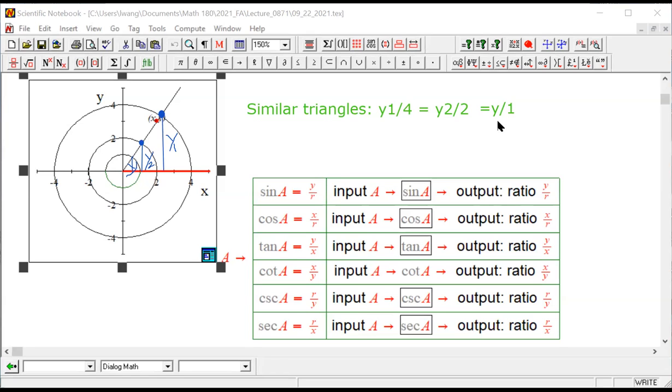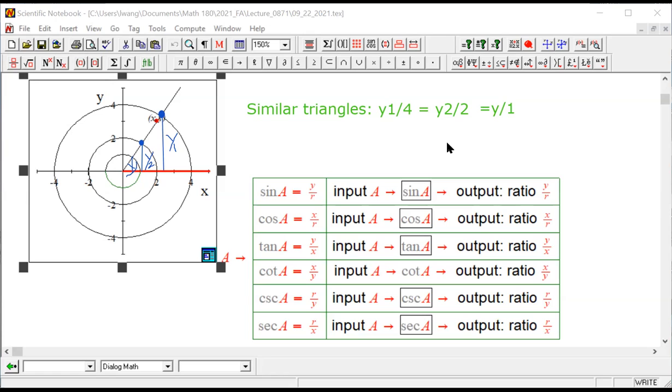Do you guys follow that? So the same is true for cosine, tangent, cotangent, cosecant, secant, for the same reason, because of similar triangles. The ratio will stay the same no matter what the radius R is.